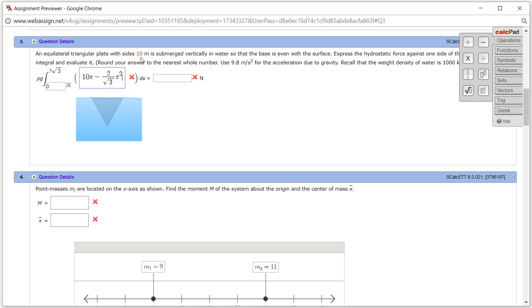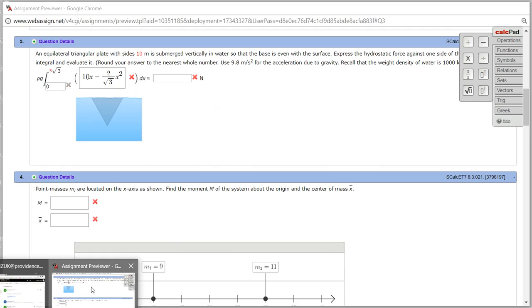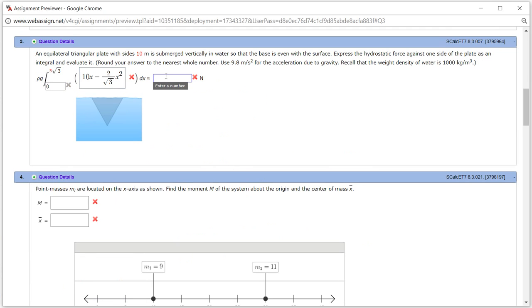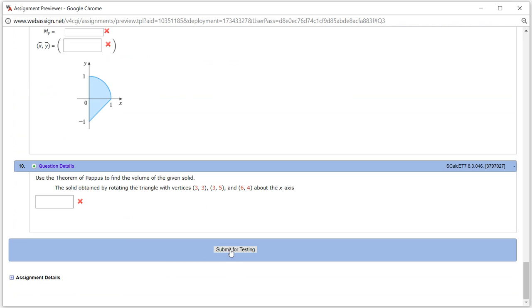And this came out to be, if I remember that, 1225000. Alright, so let's submit for testing.